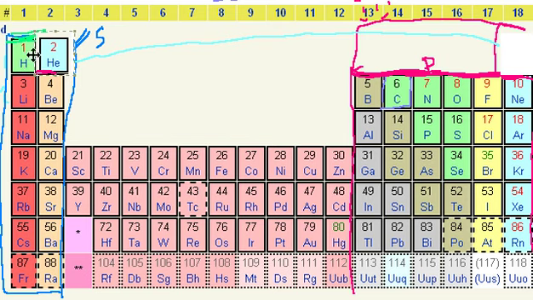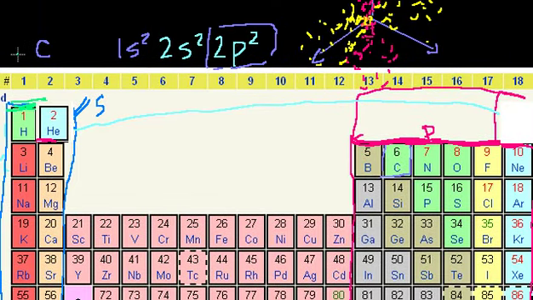Right? And now you see that for helium, you get 1s, then you get 2s. So helium's configuration is 1s1, then 1s2. We're in the first energy shell. So the configuration of hydrogen is 1s1.